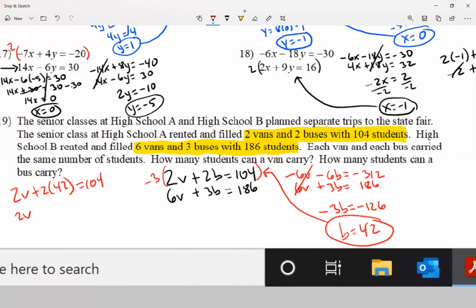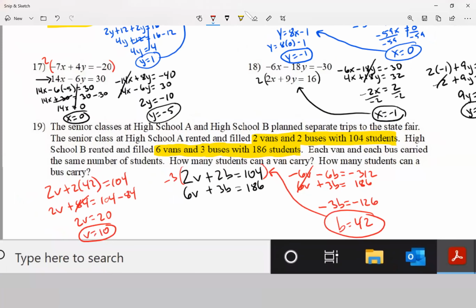So 2V plus 84 is equal to 104. My plus 84, let me move it over as a minus 84. So 2V is equal to 20. Divide both sides by 2. V equals 10. So there were 10 students in each van, and there were 42 students in each bus.